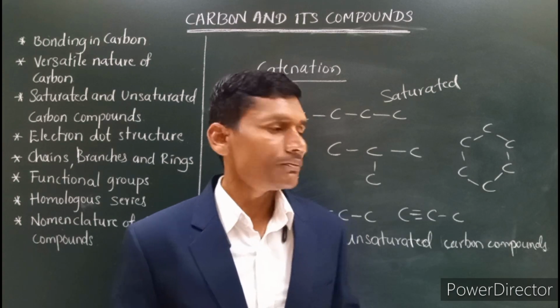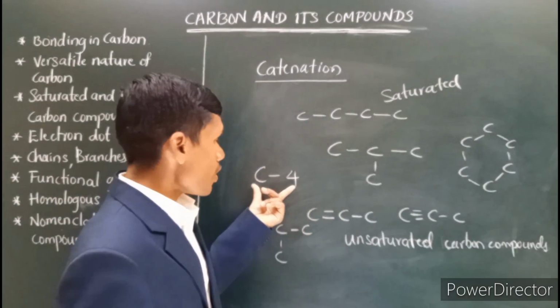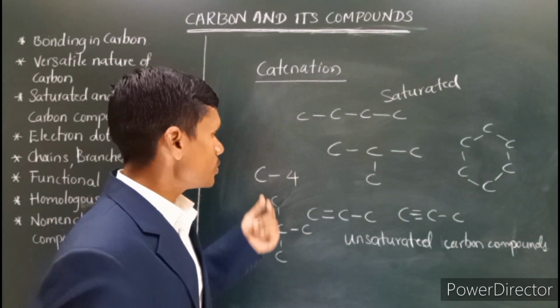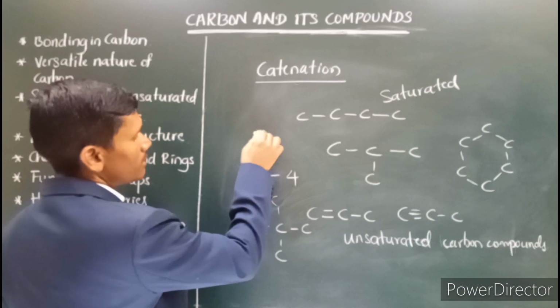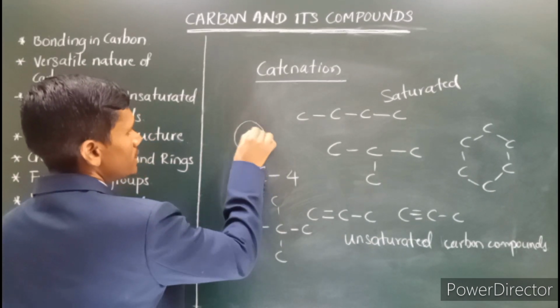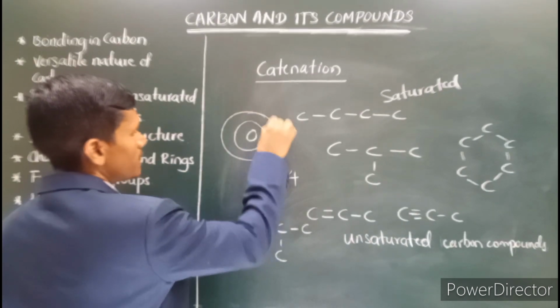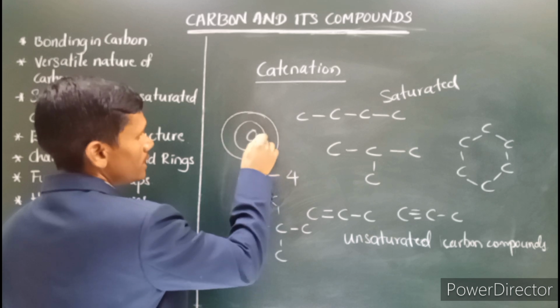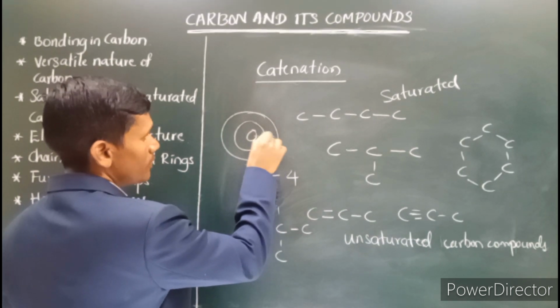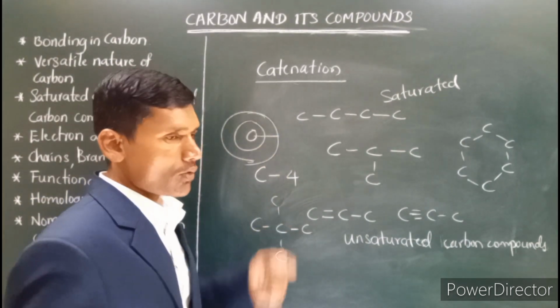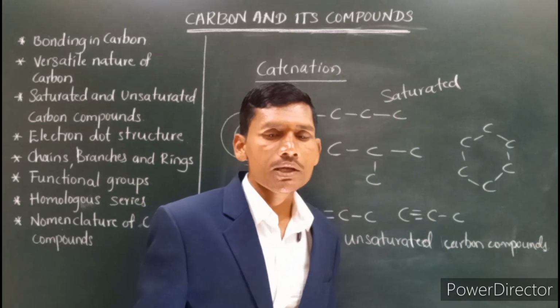The reason is the small size of carbon. What is small size? If this is the nucleus, this is the first energy level and this is the second energy level. Here the radius of the atom is smaller because it is finished in just the second energy level itself.